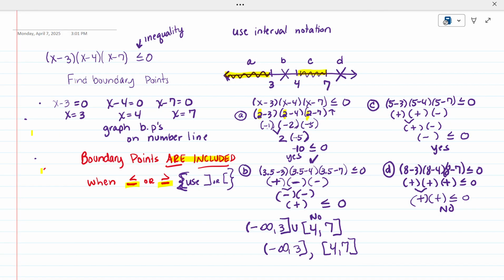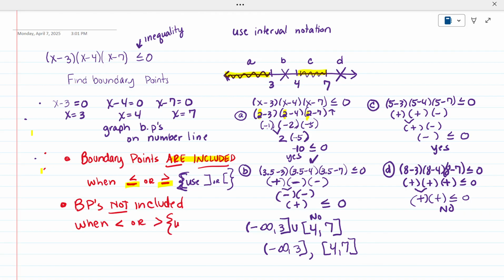So let's come over here and state what happens when it's not included. So when the boundary points are not included, when it's just less than or greater than. So there's no equal sign.